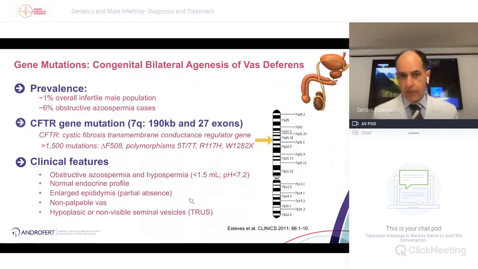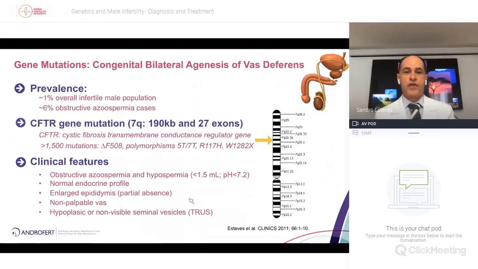So mutations in the cystic fibrosis gene are plenty. More than 1,500 mutations have been described, and not all ethnic groups will have the same mutations, which means that, for instance, I can have a Brazilian population of CBAVD patients with mutations affecting, let's say, the R117H, and then perhaps you have the Indian population with more the Delta 508.